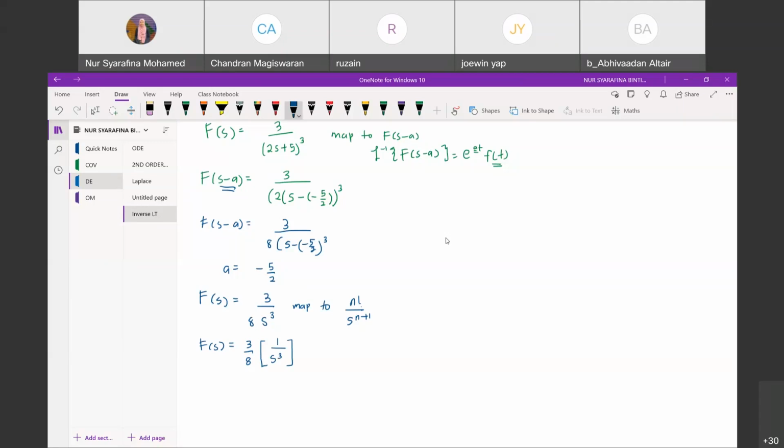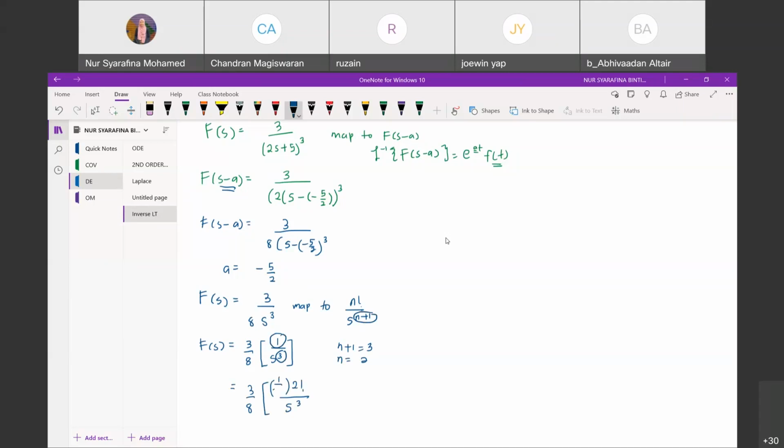Now n plus 1 equals 3, so map this with n plus 1. So n equals 2. What you should have here is s to the power of 3. This one is 2 factorial, but this one is 1, so we want to remain 1.